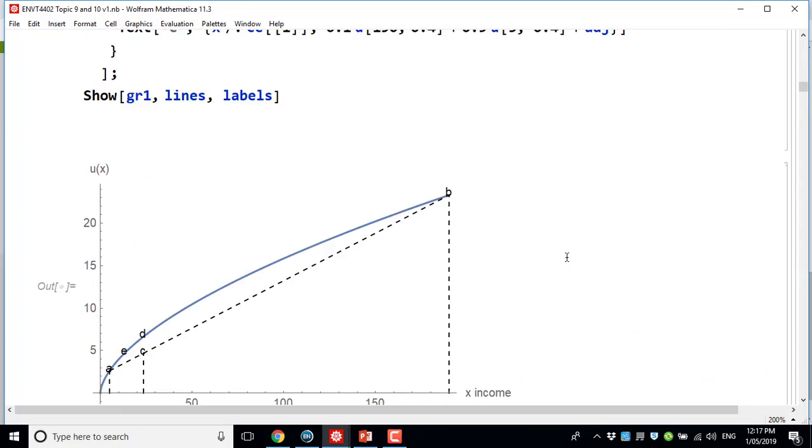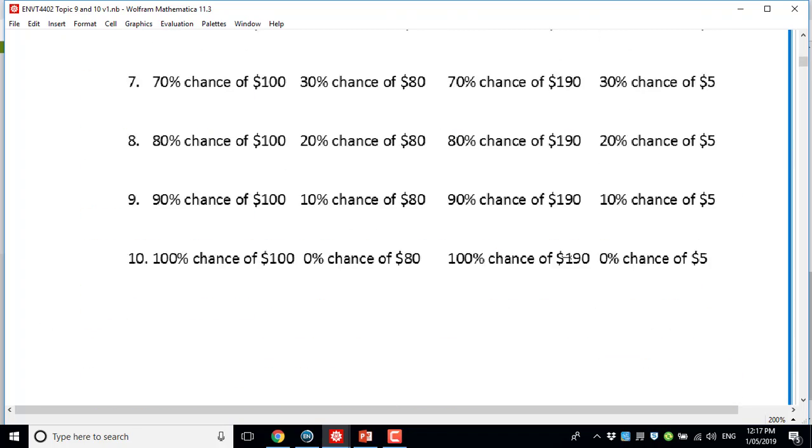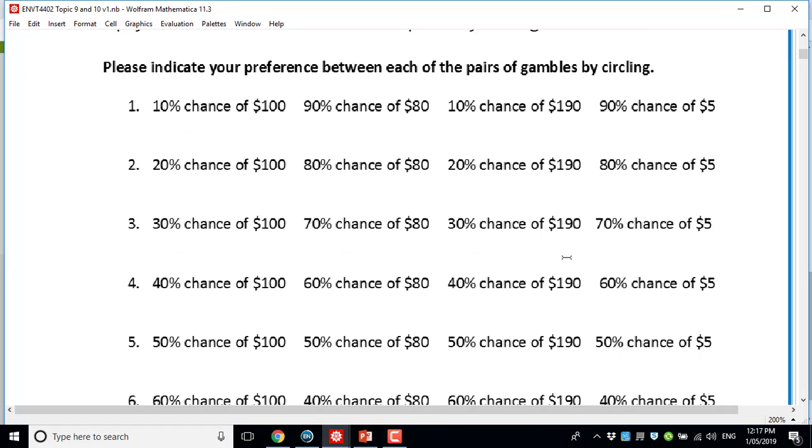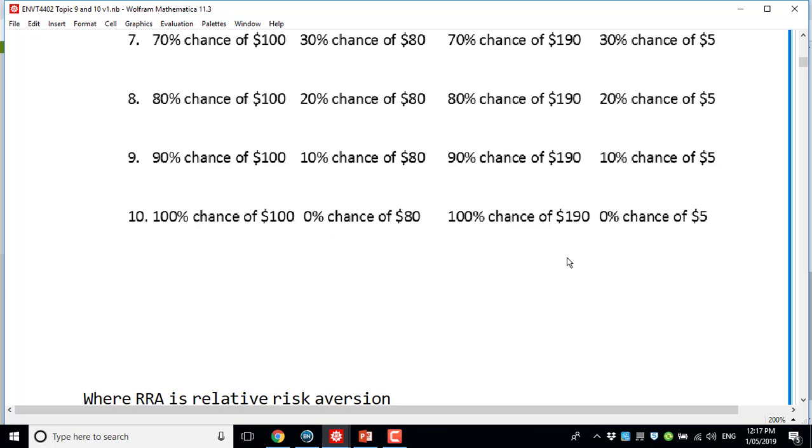Now we are going back to the survey again. We're saying that imagine these are 10 gambles, and this is a survey-based method. So we ask each individual respondent, okay, what is your option? Do you pick option A or option B for each of the choices or gambles?